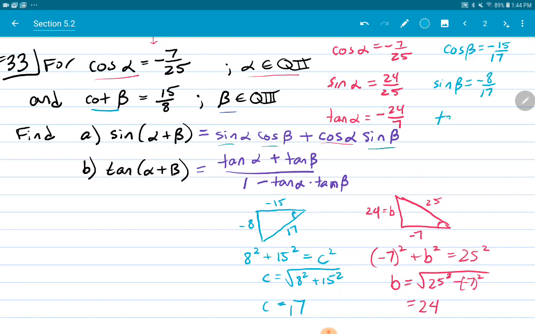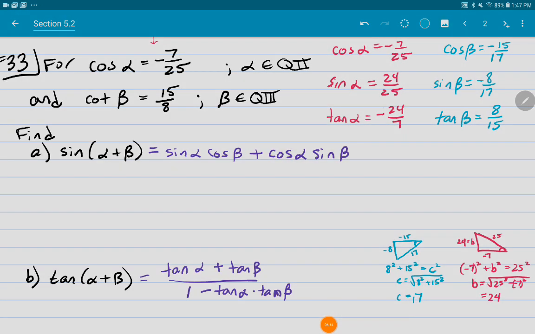And tangent of beta is opposite over adjacent, so that's negative 8 over negative 15, so it turns out to be positive. Okay, so now I have all the raw data that I need from those triangles to fill in those formulas.